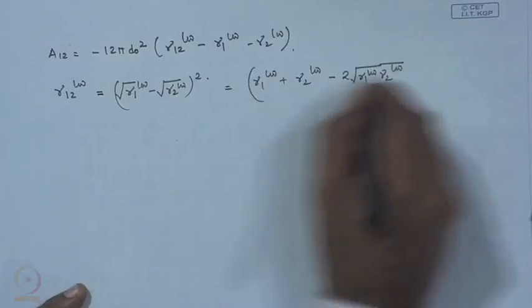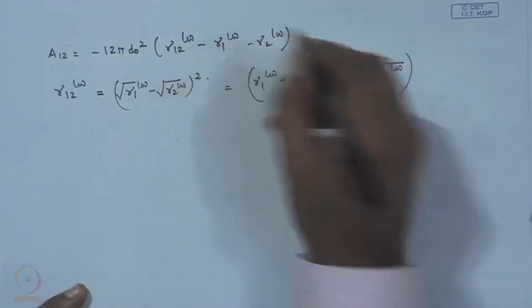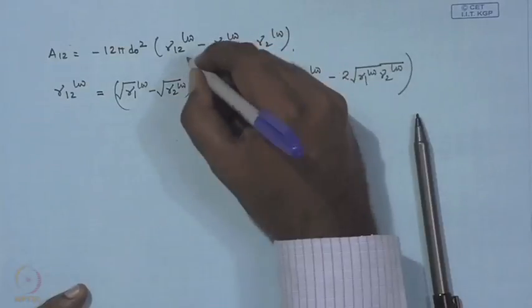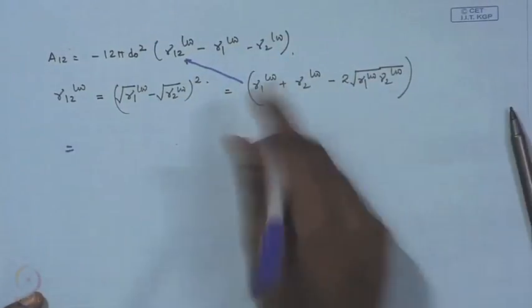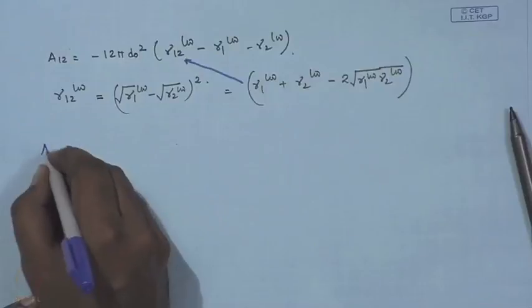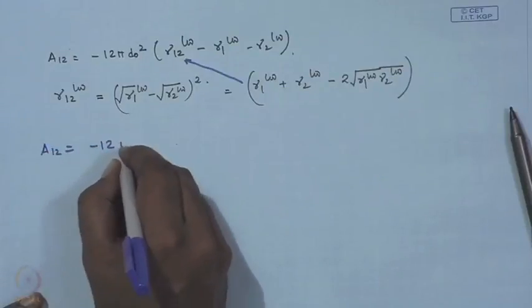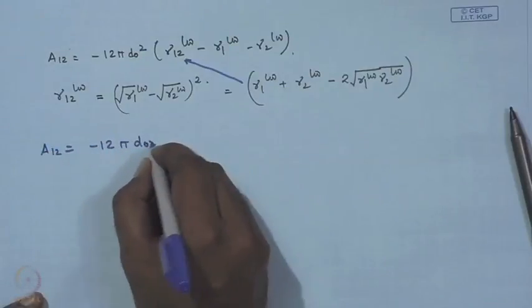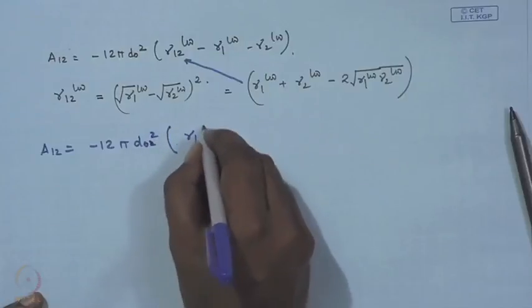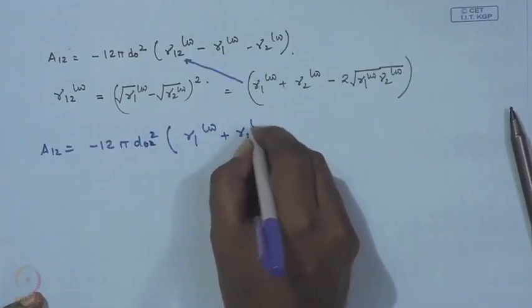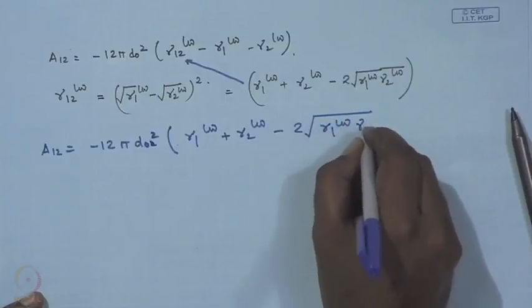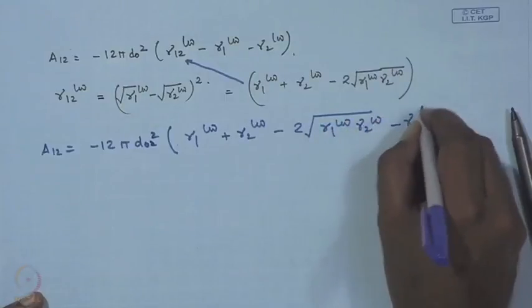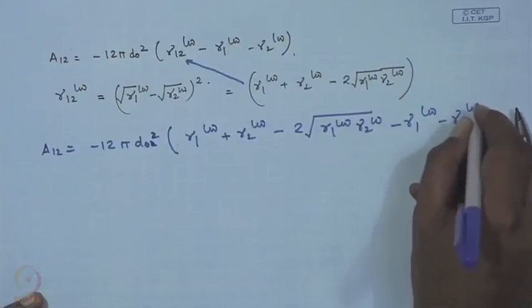If you substitute this back over here, one gets A12 equal to minus 12 pi d0 square into gamma 1 LW plus gamma 2 LW minus 2 under root gamma 1 LW gamma 2 LW minus gamma 1 LW minus gamma 2 LW.